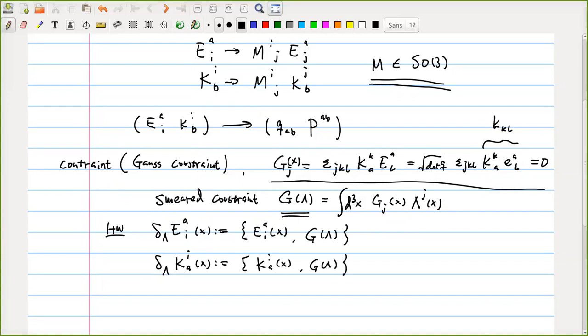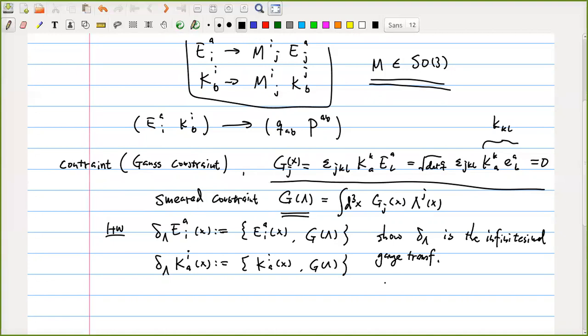The homework is that I want you to show that delta lambda is the infinitesimal version of this gauge transformation, where K_j^a transforms to M_j^k K_k^a. You have to work it out, and understand what I mean by the infinitesimal version of this gauge transformation.